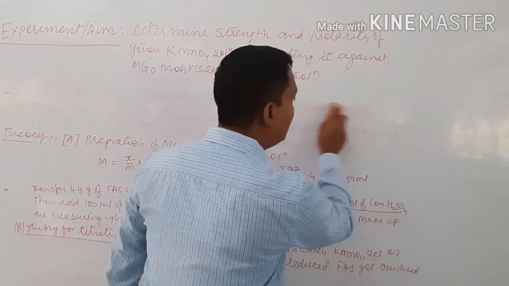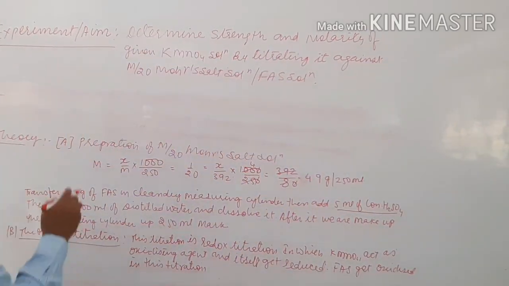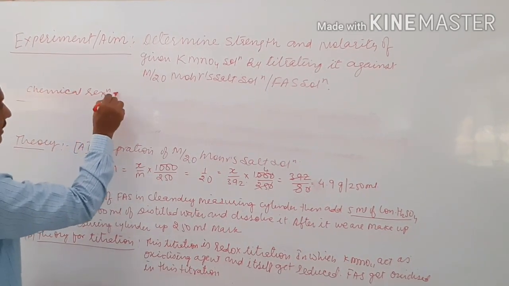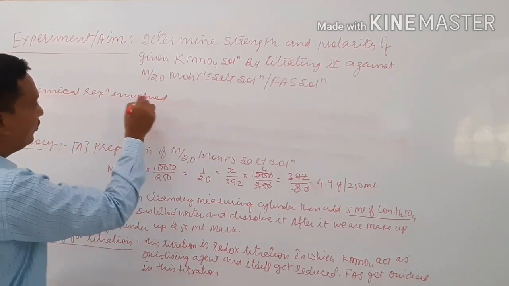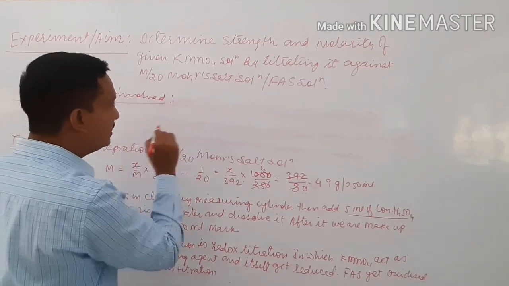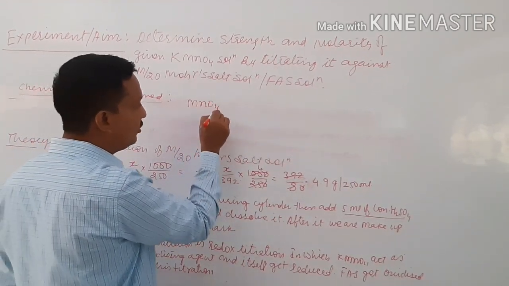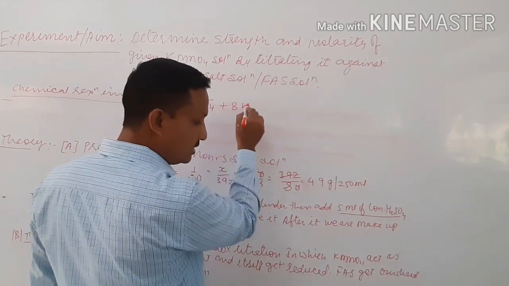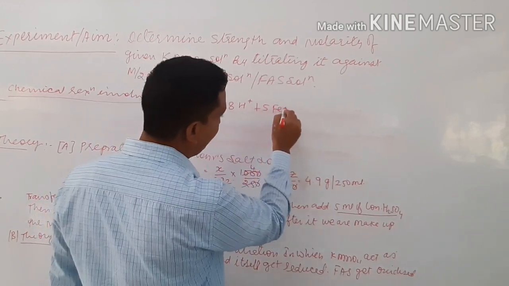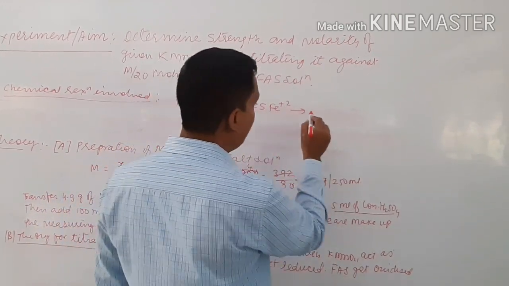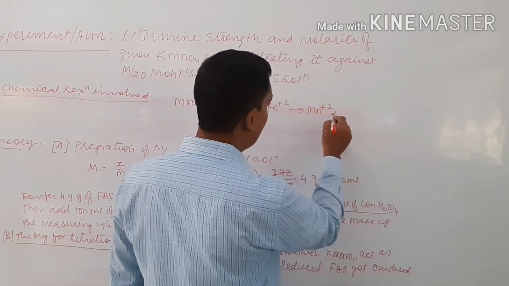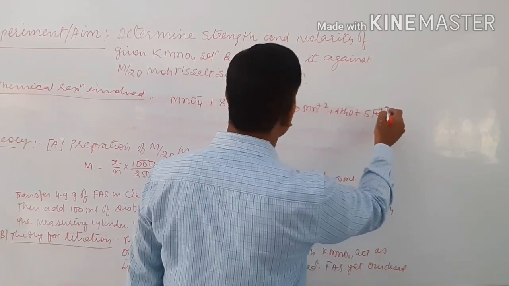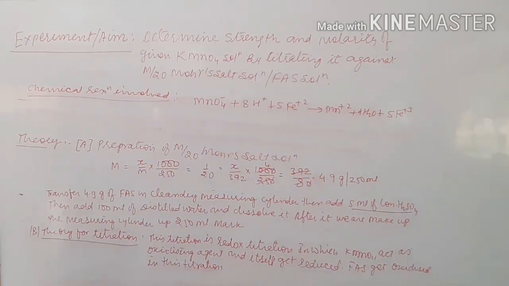We are to write the chemical reactions involved. So what is the chemical reaction? We take MnO4 negative plus 8H plus ion plus 5 Fe2+. It will convert into Mn2+ plus 4H2O plus 5 Fe3+. So this is our balanced chemical equation.